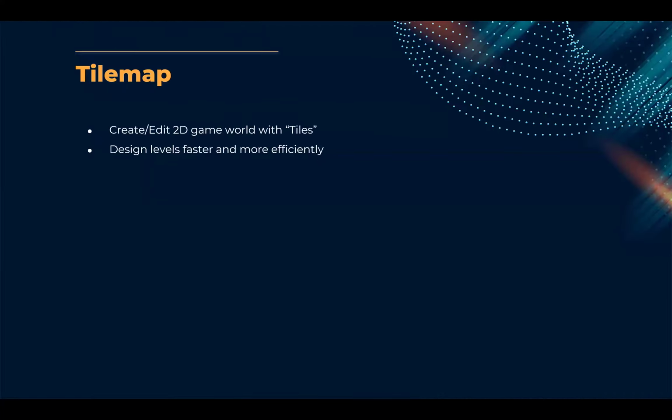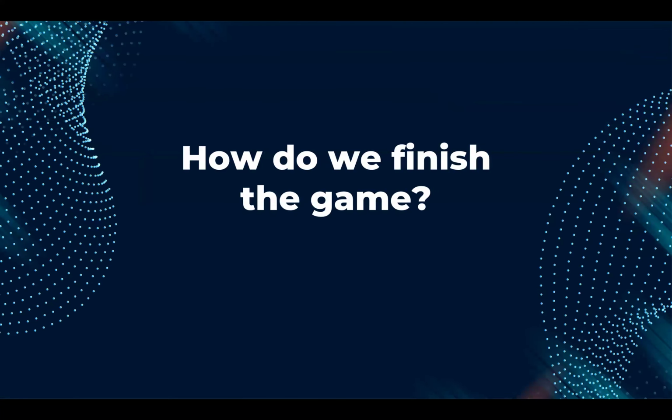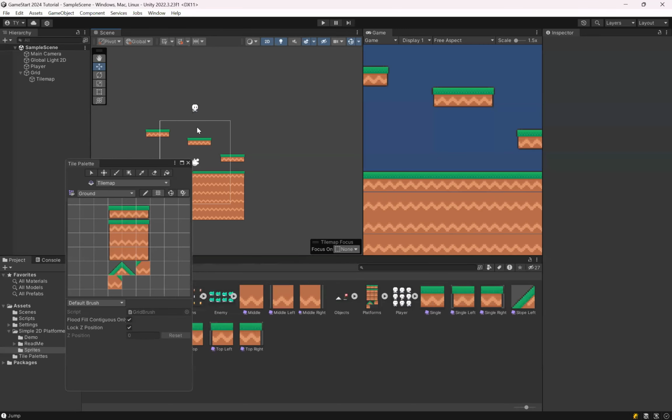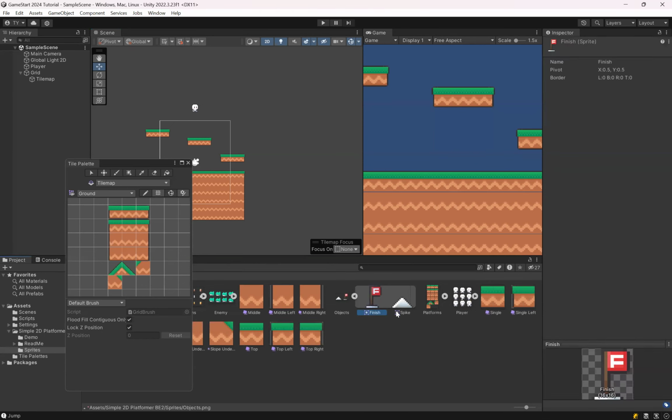There should be a way to end the game. That's one of the objectives of playing a platformer game, is that there should be an end to the level. So coincidentally, there is a flag called finish that is provided through the asset pack.